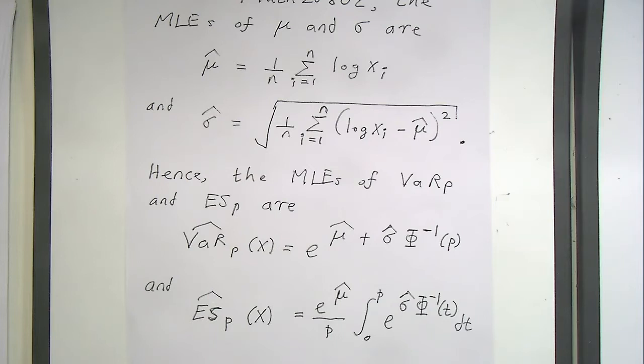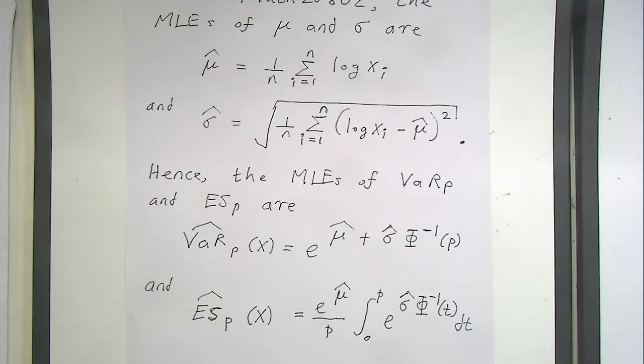And I estimate the psi parameter using these formulas. These are non-parametric because they only involve the data, and they don't assume anything about the distribution. Whereas for estimating mu and sigma, I'm using the MLEs.